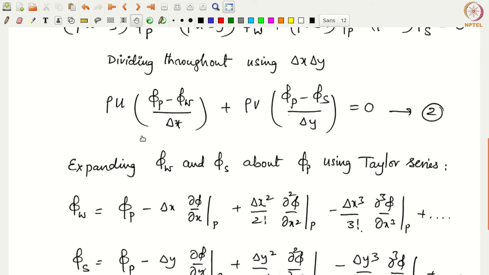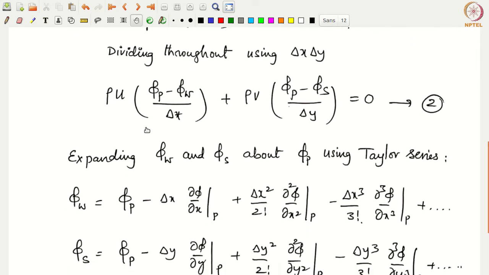Up till now what we have done is we have taken the original governing equation and applied the corresponding discretization scheme. In this particular case it was the upwind difference scheme, and we have just written the finite volume linear algebraic equation. This is the discrete equation for pure convection using the upwind difference scheme. That's all we have done.